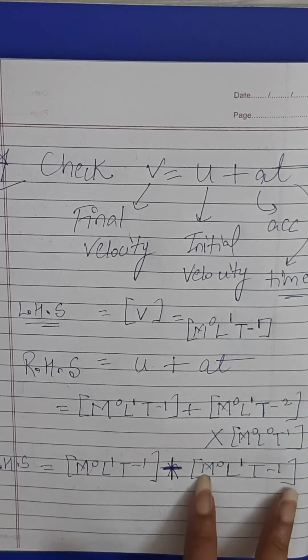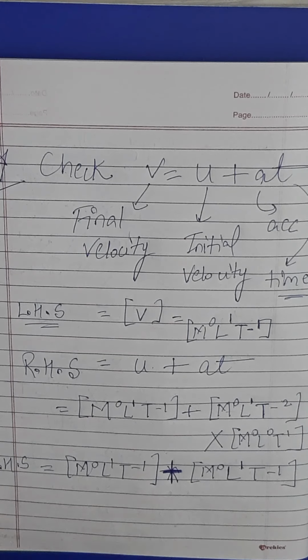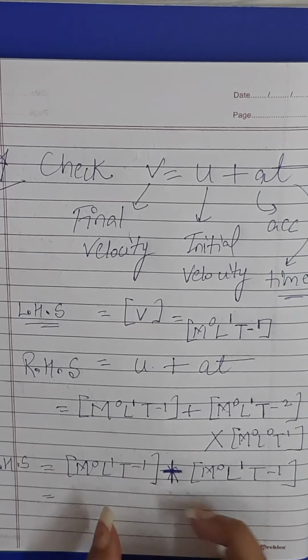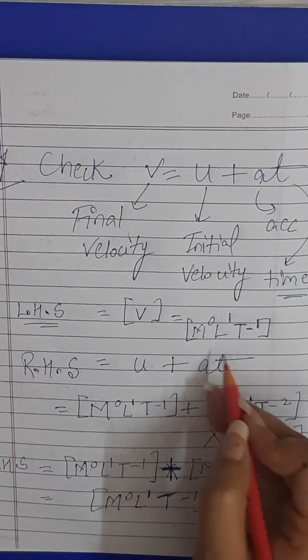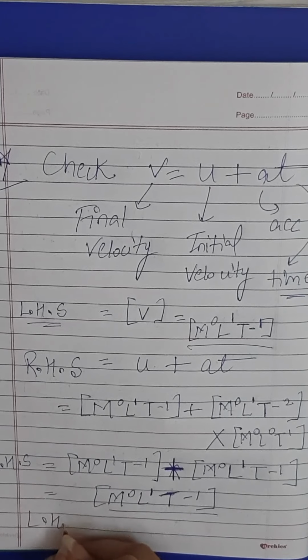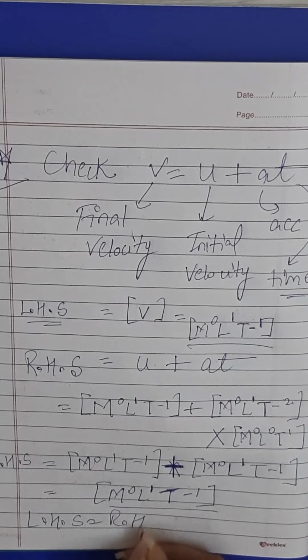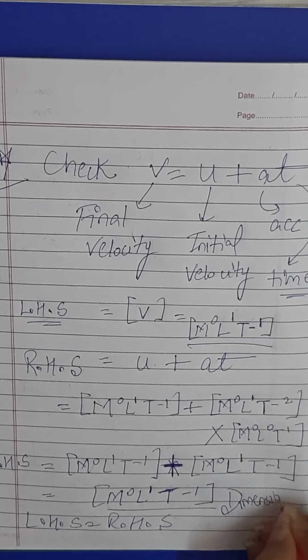Likewise, when I subtract two similar dimensions, my answer is not going to be 0. So I will not write it 2 times, I will simply write it once, M0 L1 T minus 1. Again, from LHS and RHS, we see that they both are equal. So the formula is dimensionally correct.